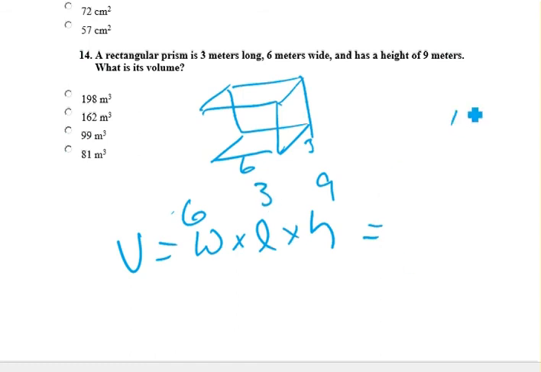This is where a calculator comes in handy. 9 times 1 is 9, plus 6, 7 is 16. I got 162 meters cubed because it's a volume, because times, times, times. We're doing 3 times. There's my answer.